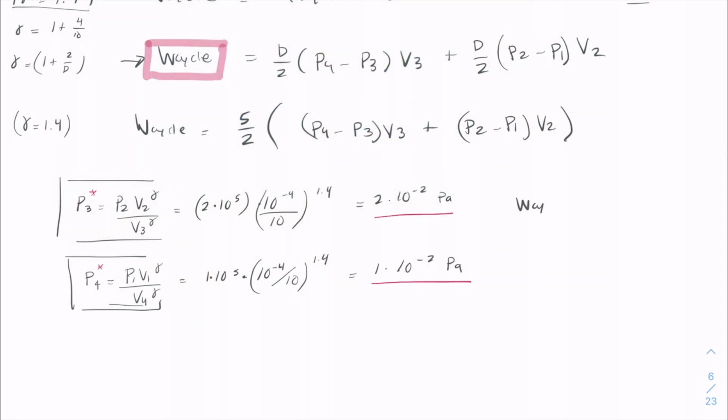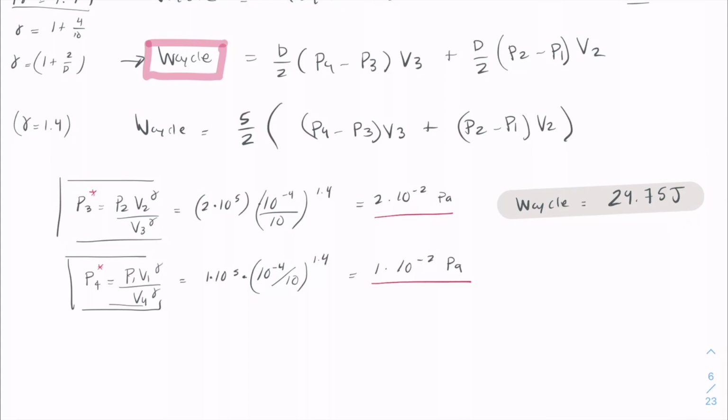I also want to note that this is a previous exam problem, and the solutions are posted on Canvas if you want a little bit more background. But the W cycle in this case is going to be equal to 24.75 joules. So that is our final answer for this problem.